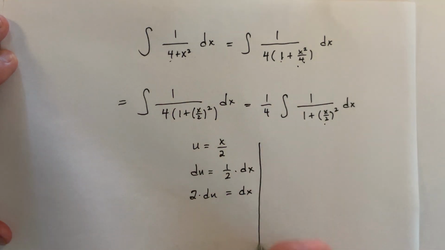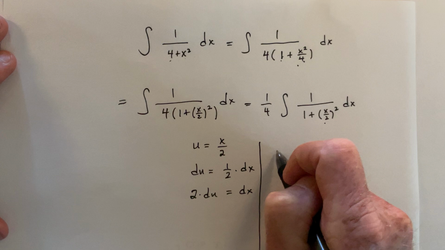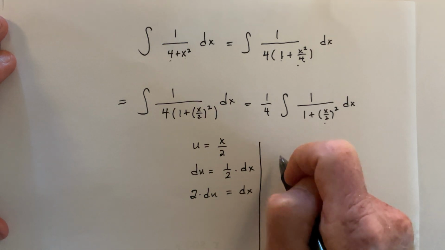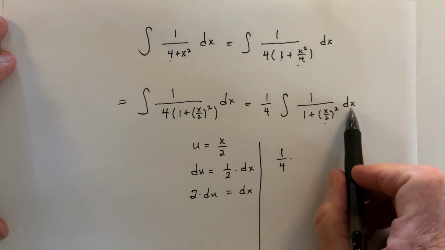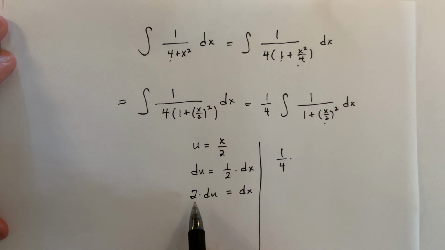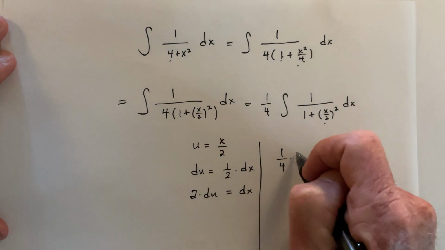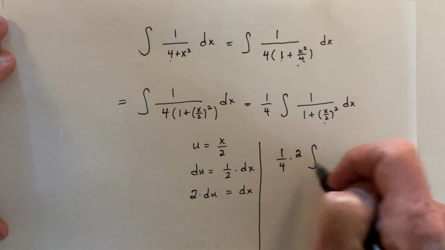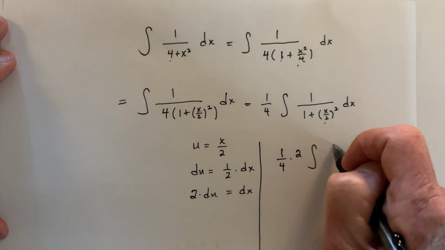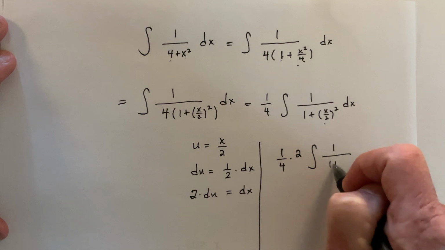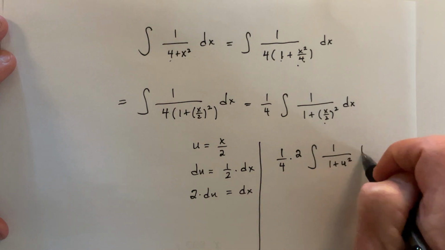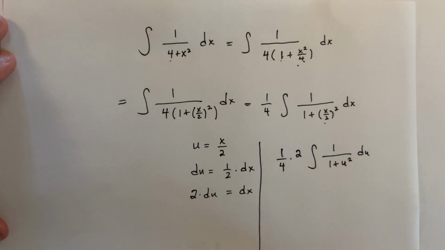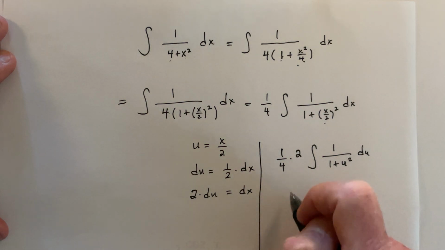So then this would become, the 1/4 is still factored out. And then in place of dx, we're going to put 2 times du. And this 2, I could just factor it out. And then the rest of it would look like 1 over 1 plus u squared, because this is being replaced with u. And then this reduces to be a 1/2.